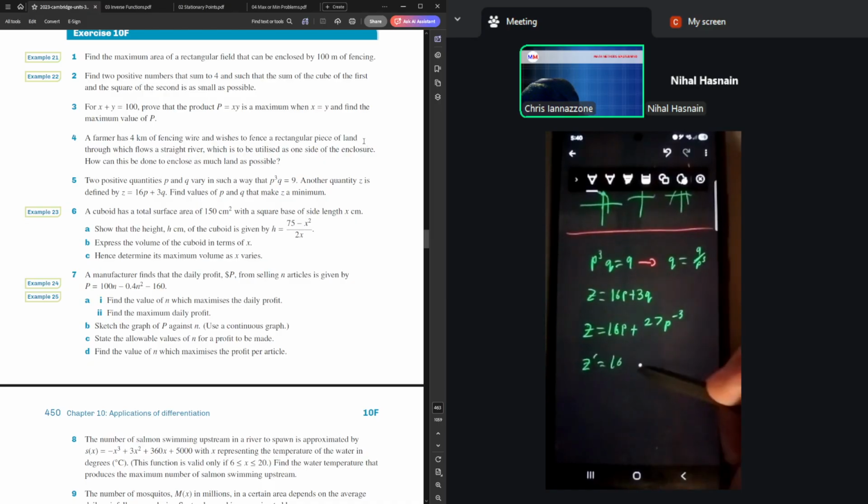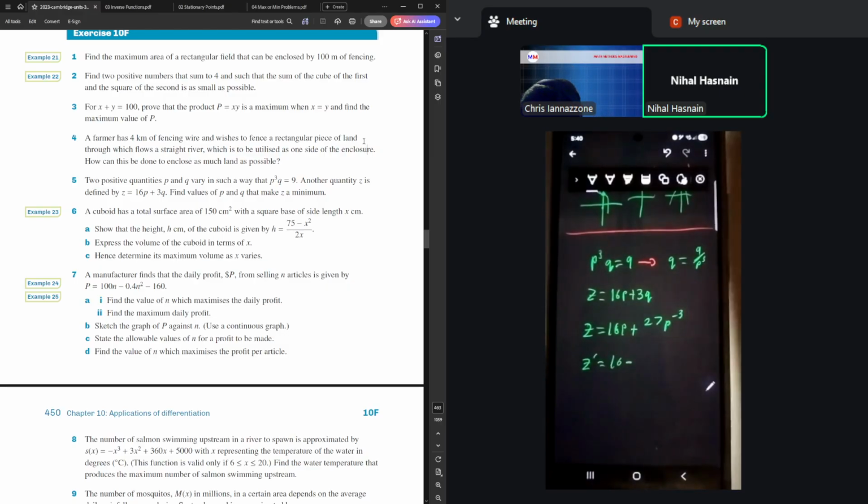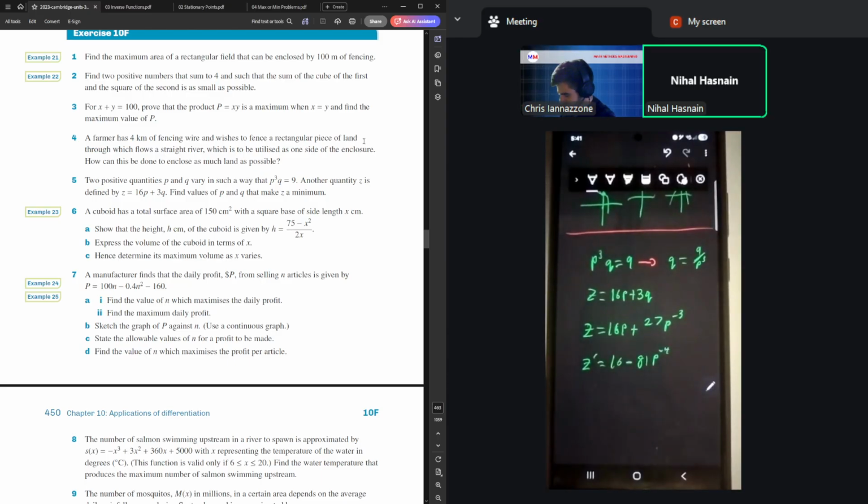Getting a negative index there makes it a lot easier to see what the derivative is going to come out to be. And so 16 minus 81 p to the negative 4. Yes, negative 4. Good. Nice.